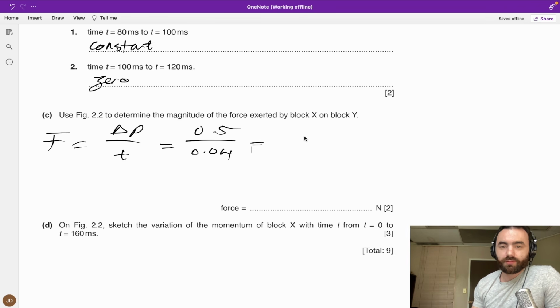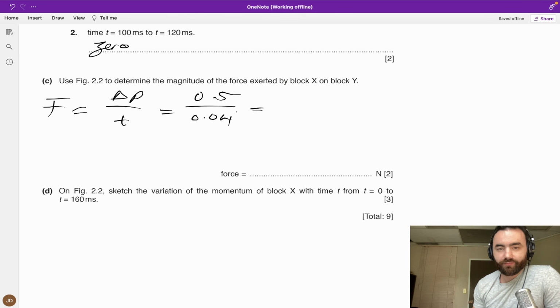So this equals 12.5 newtons, and so rounded to two significant figures will be 13.